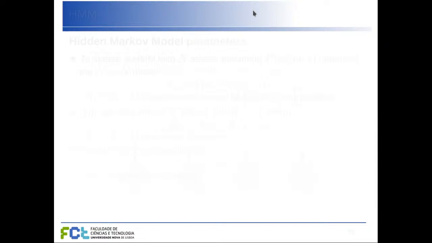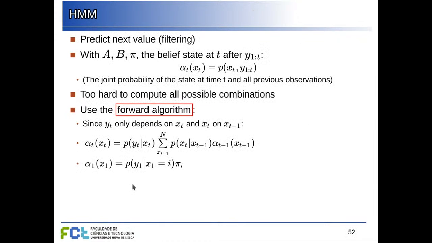So we can compute this recursively by knowing that the initial state depends only on the initial probability distribution, and the emission at the initial state depends on the initial state, but then the emissions on the states after the first one will depend also on the values of the previous states, so we can compute this recursively going forward on the series, the Markov process.